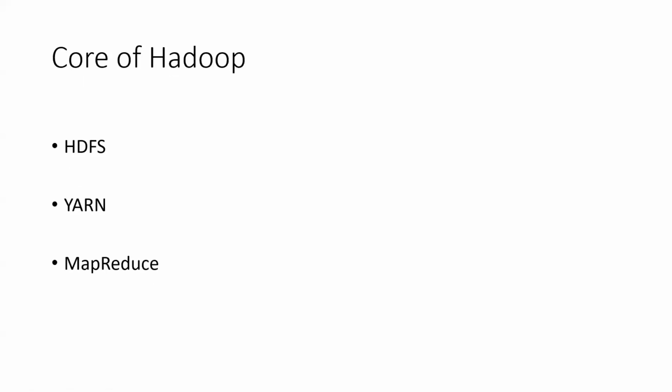Okay. Now we are inside the core of Hadoop. As I told you, the basic building block is HDFS. On top of that, we have YARN, and on top of that, we have MapReduce. Those are the things which are handling the distributed data. HDFS is the distributed file system, which distributes the storage.